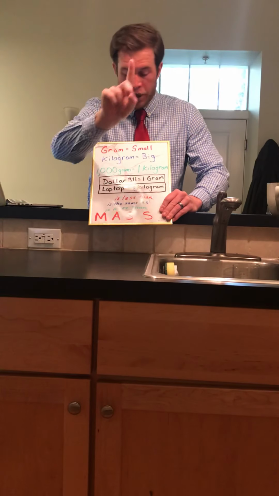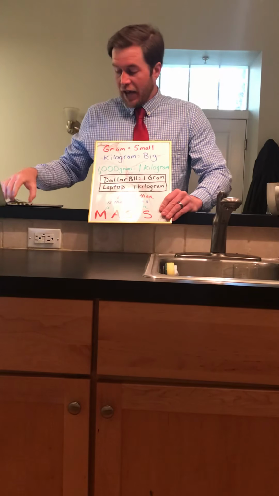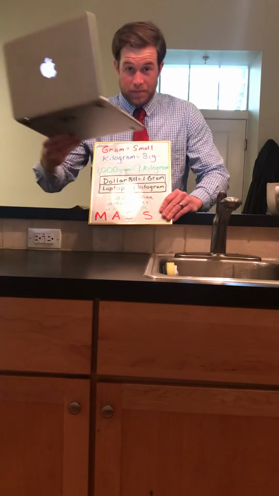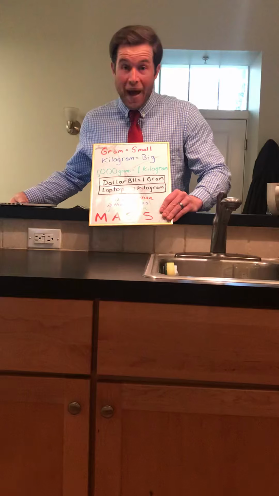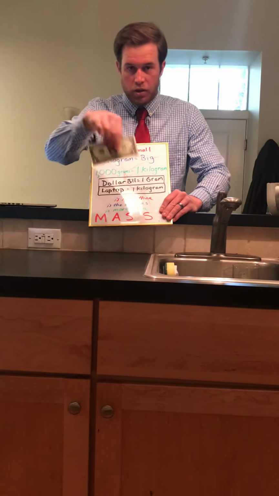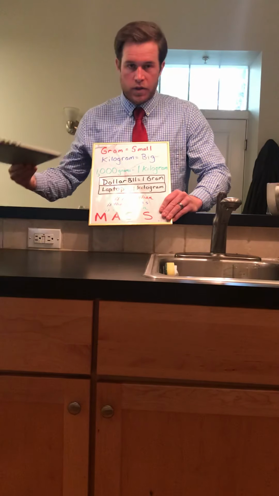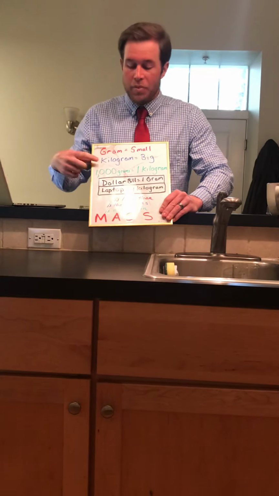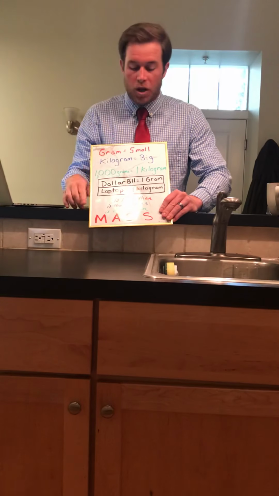It weighs 1 gram. And next, I don't even need that much equipment, right? A laptop weighs about 1 kilogram. So think about it. Dollar bill versus laptop. Which one's bigger? All right, so now you're seeing why I put kilogram big, gram small.